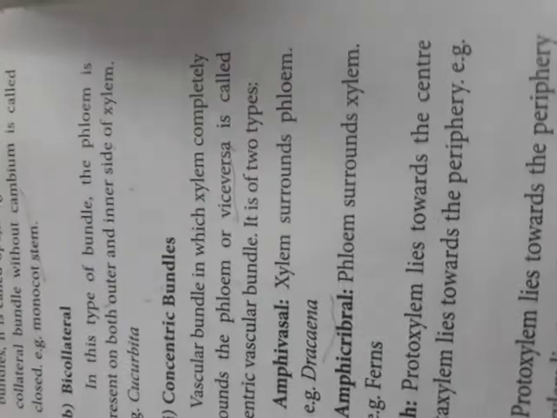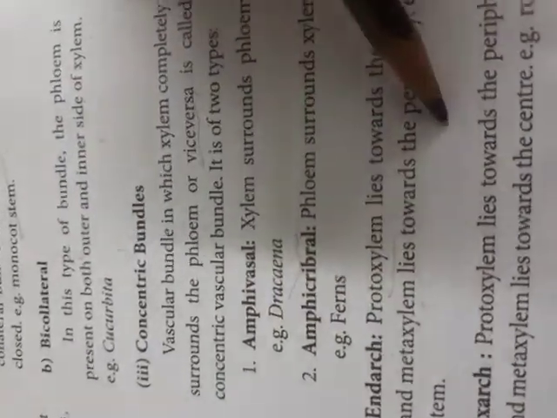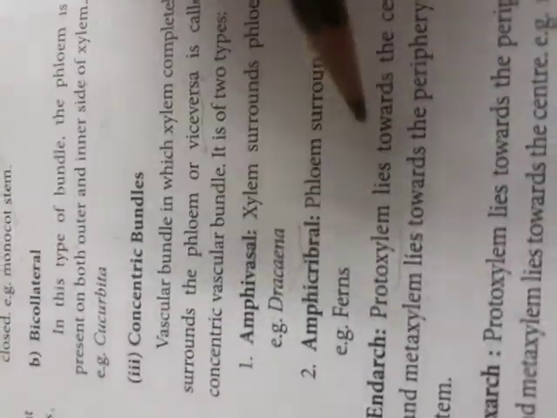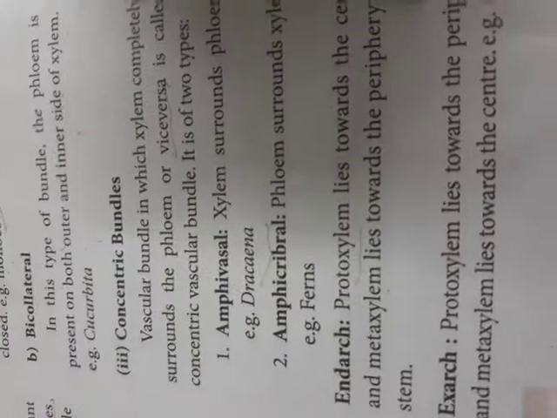Now another two words, endarch and exarch. Endo means inside, exo means outside. According to the location of protoxylem, when the protoxylem is present towards the center and metaxylem towards the outside, which is the periphery, it is called endarch, where we can see in stem.